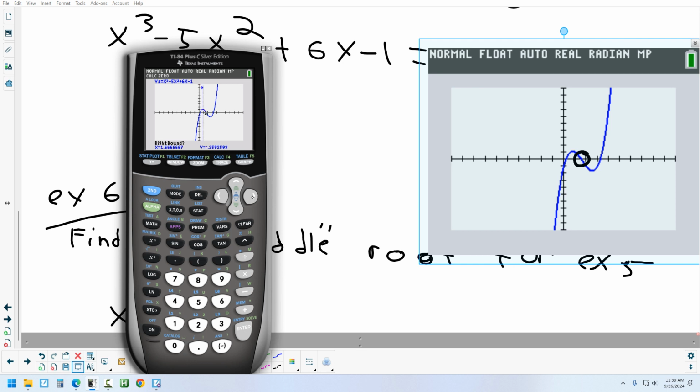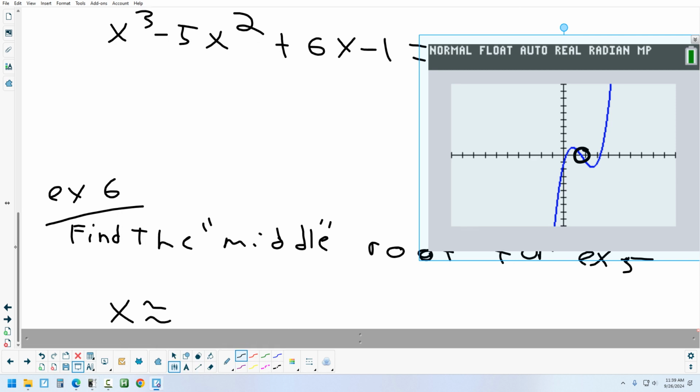Go far enough to the right. Okay. I know I went far enough because the y value just switched to negative. So that means I went past the 0 point. And then do my guess. 1.55. That's the middle root. Any question on that?